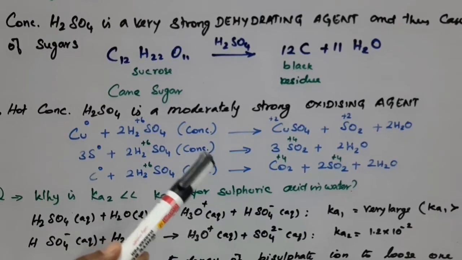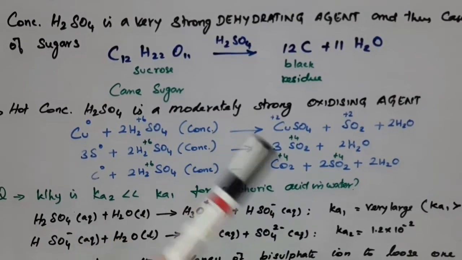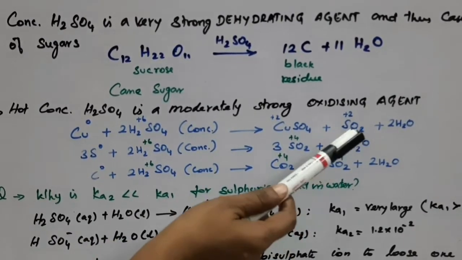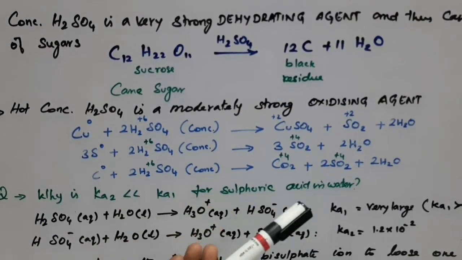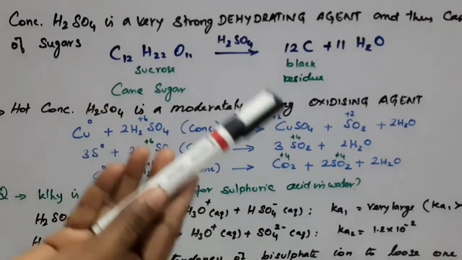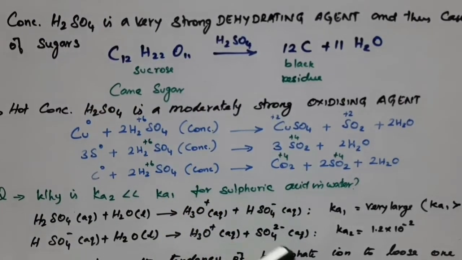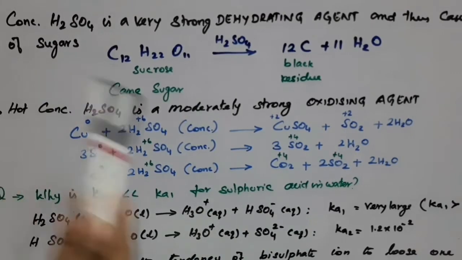You know that oxidation means loss of electrons, and the oxidation number increases. Reduction means gain of electrons, and the oxidation number decreases. These are the points you already studied in your 11th standard.